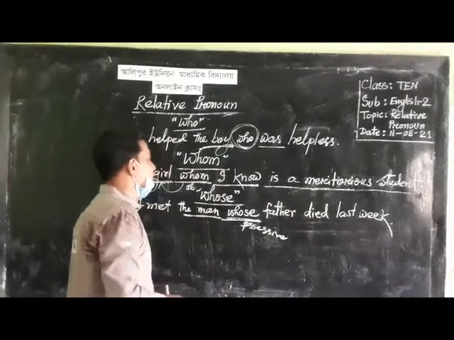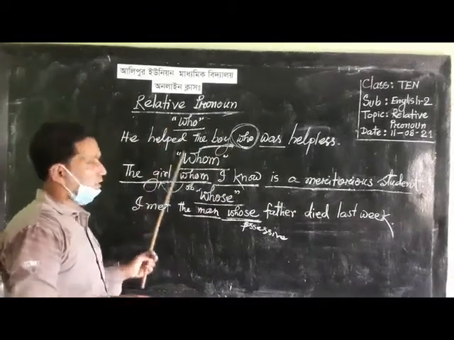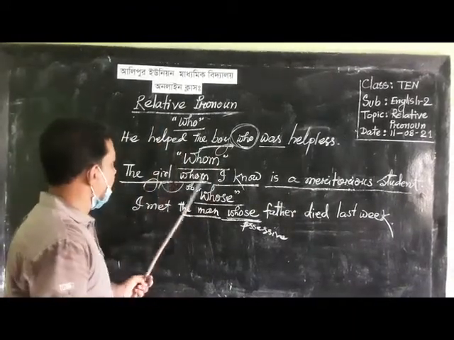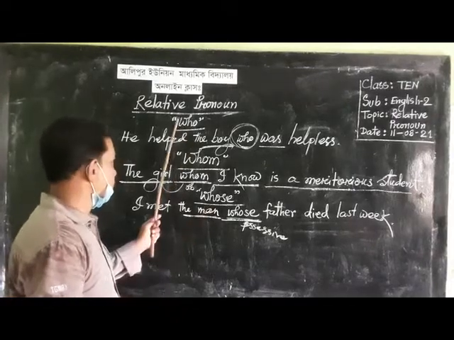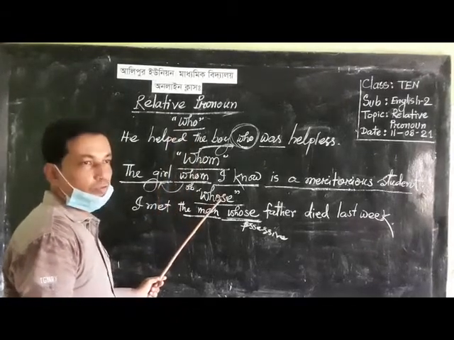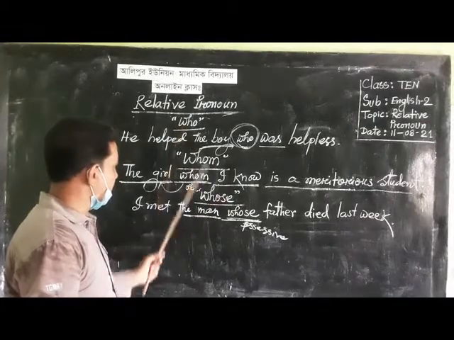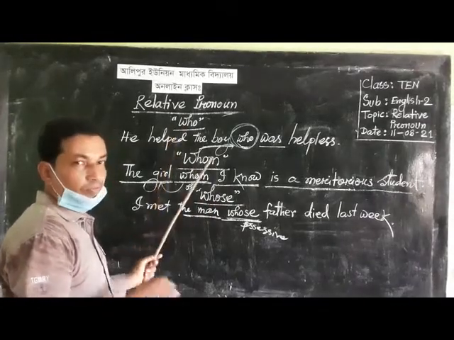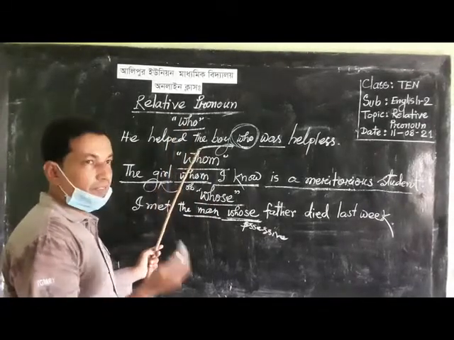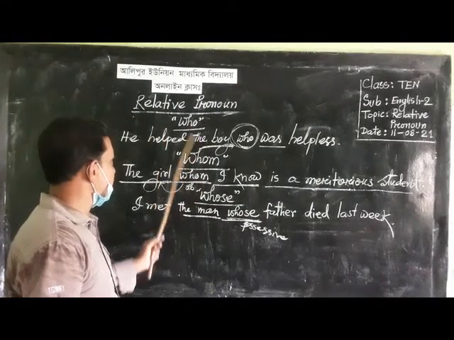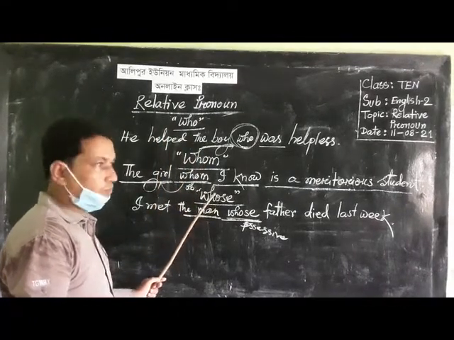Okay. Who is classified into three groups: who, whom and whose. All the items are probably the same. The differences between these words are subject, object, and possessive.